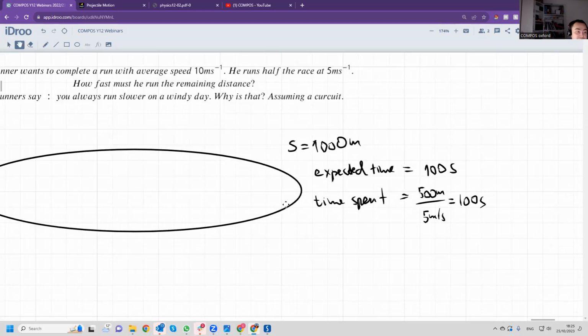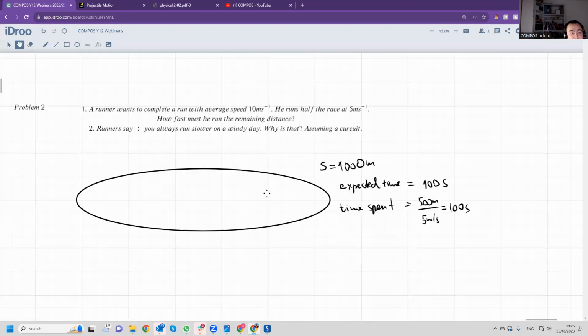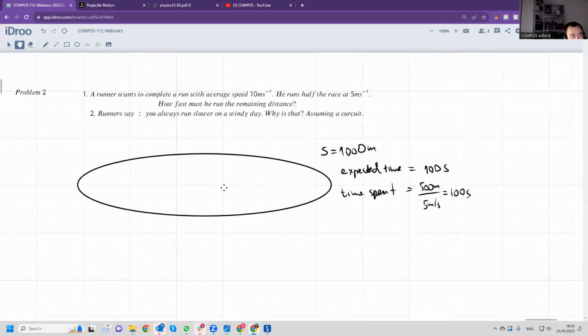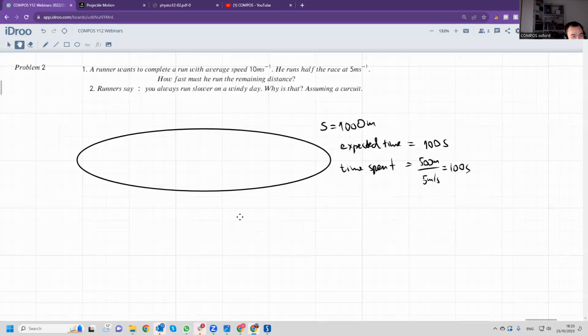It's impossible, of course. He spent all the time possible. No matter how fast he runs, he will never be able to make his average speed 10. So yeah, this is a popular question with interviews.